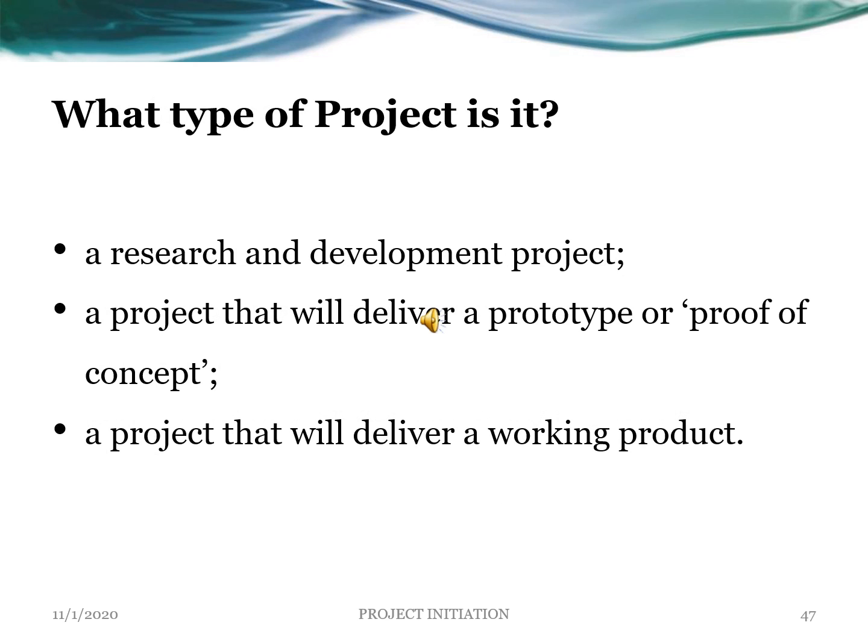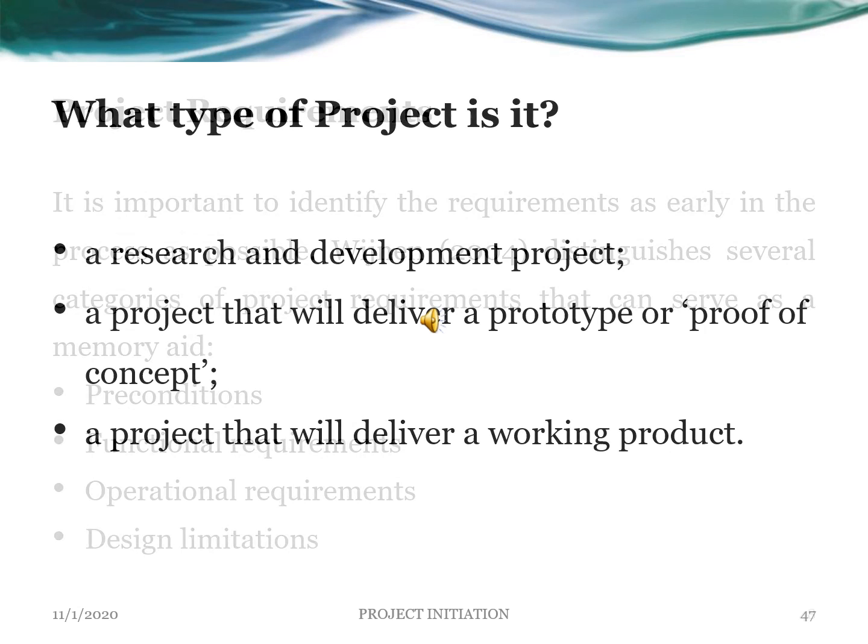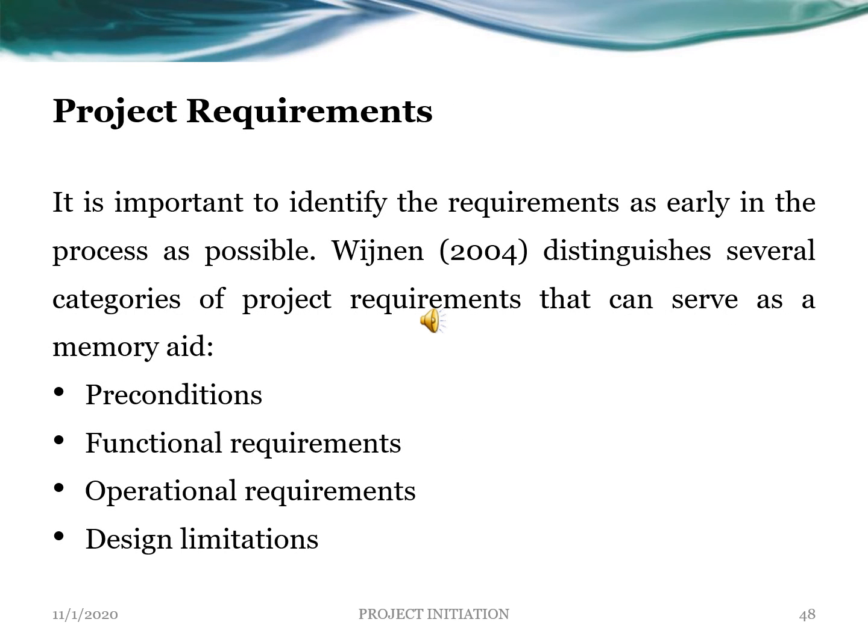We need to ask ourselves a big question: what type of project is it? A research and development project, a project that will deliver a prototype or proof of concept, a project that will deliver a working product. The project requirements: it is in fact important to identify the requirements as early in the process as possible.